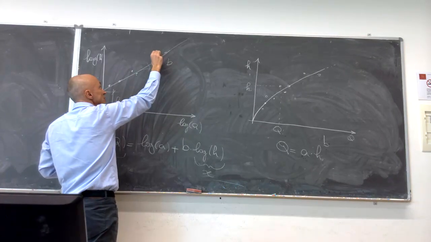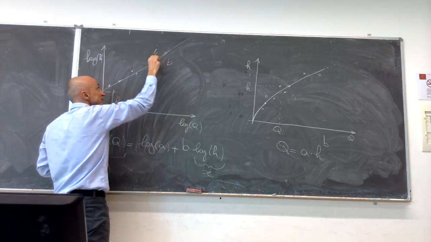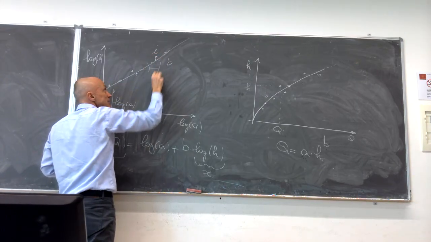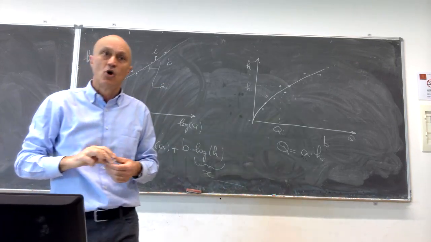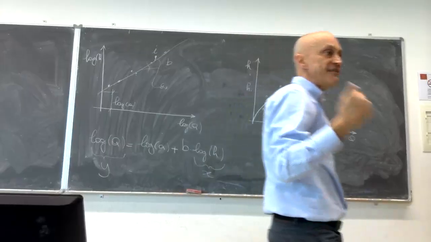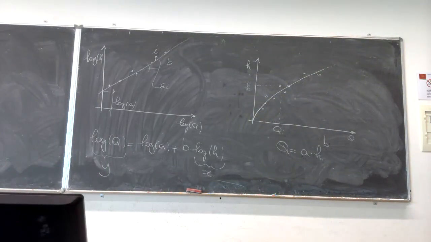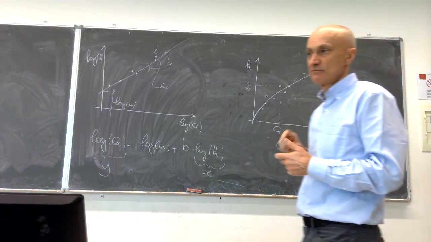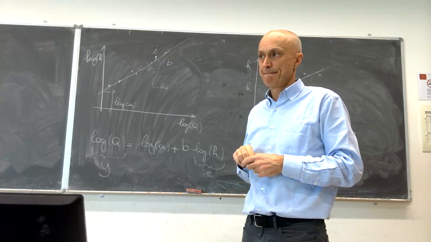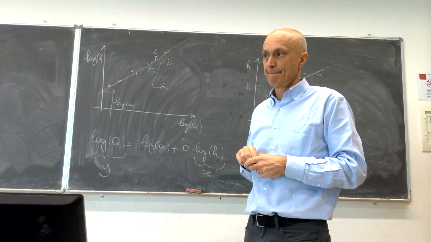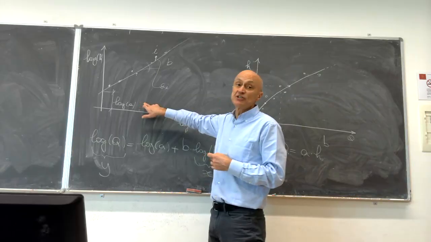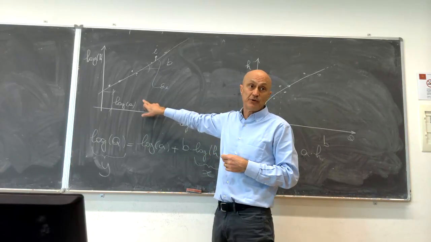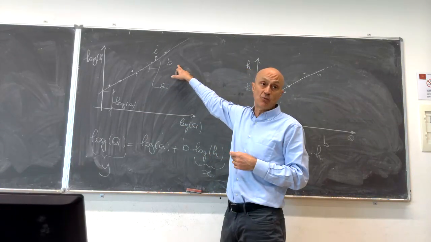What you can do to identify A and B is to minimize the summation of squared residuals. Okay? If you minimize the summation of squared residuals, which is what Excel does, for example, you get intercept and slope. And so you identify one possible best fit of your campaign field observations.